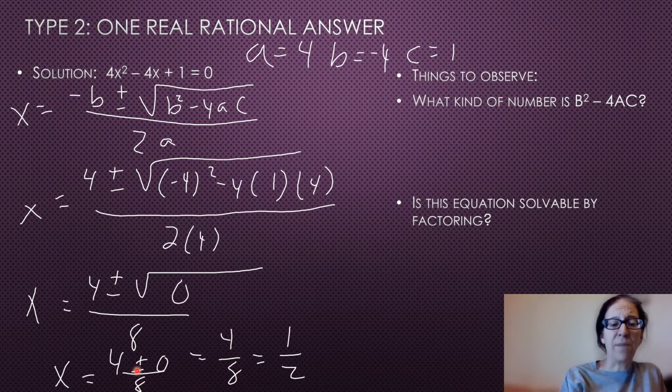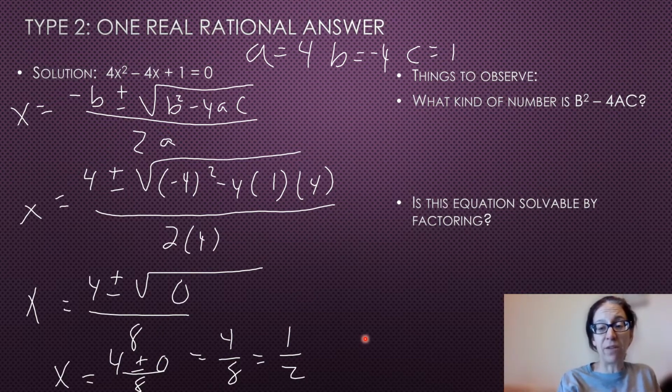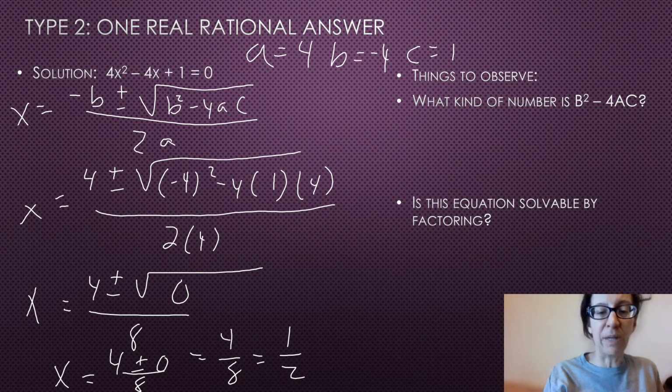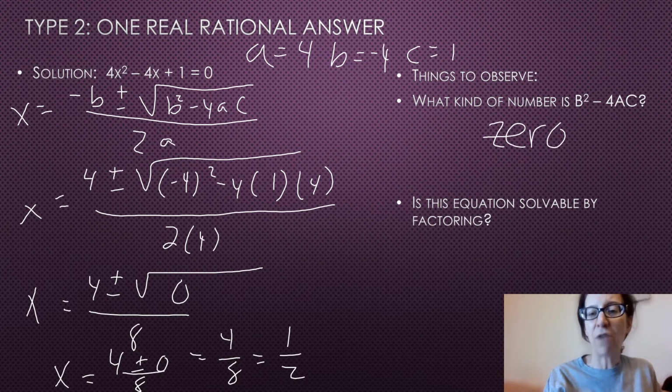The one answer came because plussing and minusing were exactly the same thing. My answer is real, meaning I can find it on the number line, and it is rational, meaning I can write it as a fraction. So what kind of number was the b squared minus 4ac? In this case, it was 0.